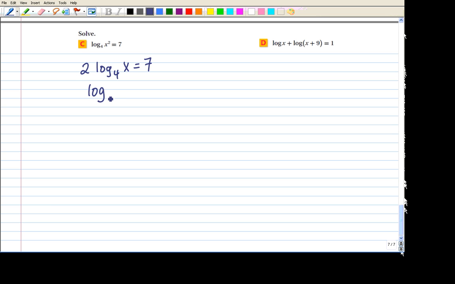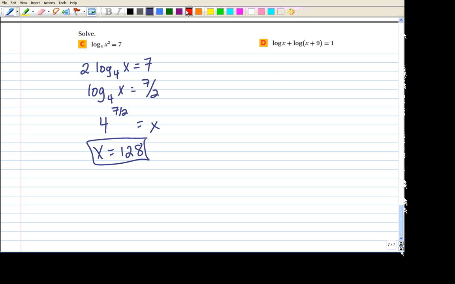So I've got log base 4 of x equals 7 halves. And if I write this as an exponential expression, I would have 4 to the 7 halves equals x, and 4 to the 7 halves is equal to 128.